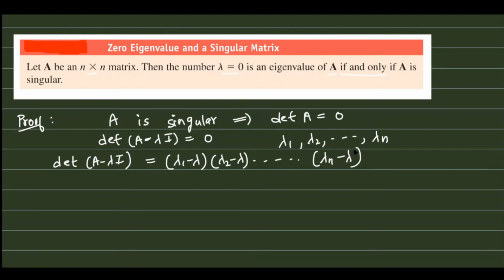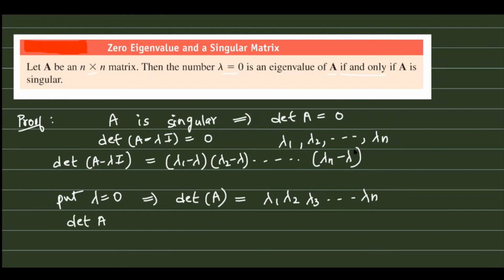Now in this equation, put lambda equal to 0. The LHS will be determinant of A, equal to lambda 1 into lambda 2, lambda 3, etc., lambda n. So it shows that the determinant of the matrix A is the product of eigenvalues.